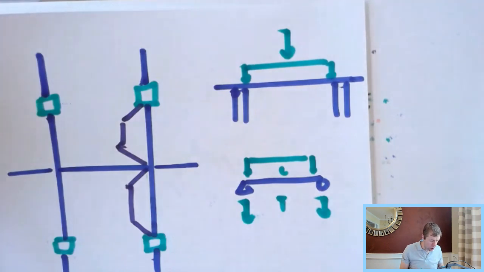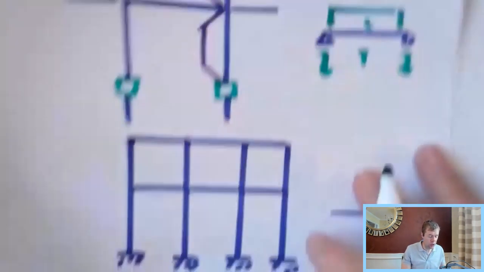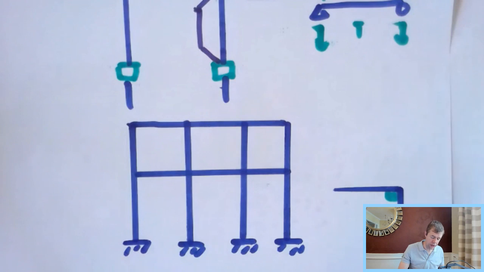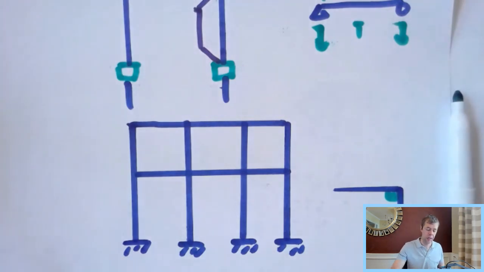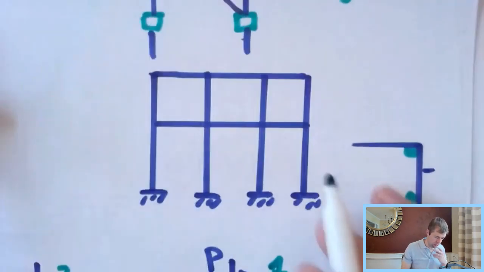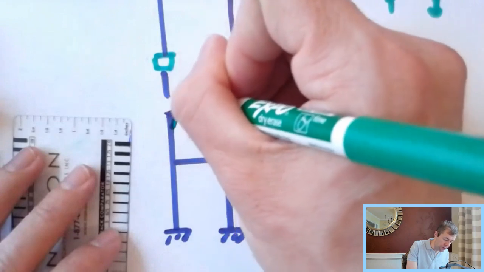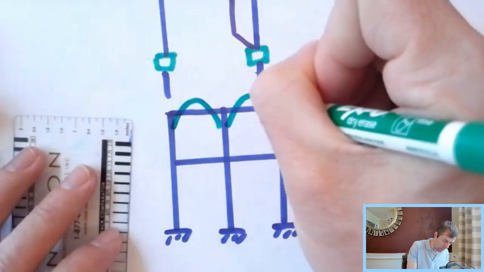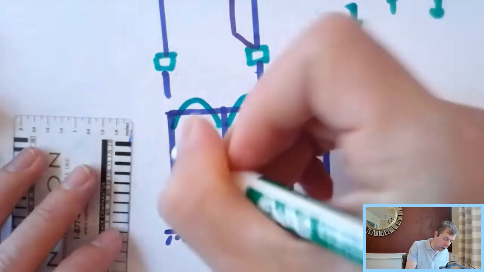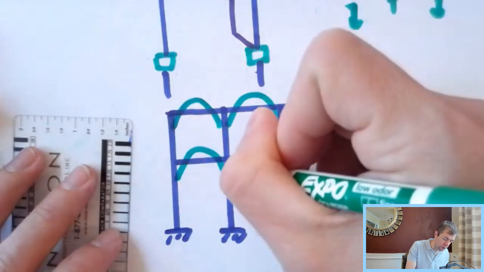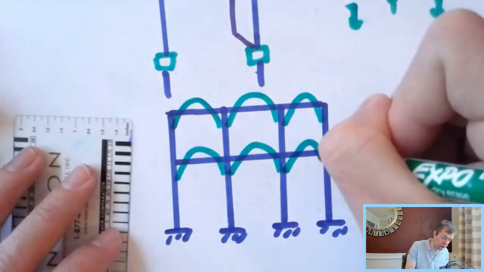Now I was going to draw a system like this. If you had a frame system and you ended up finding your moments in this frame system, this is a question I've been getting from some people. You find your moments from your gravity loads. They'll end up looking something like this.